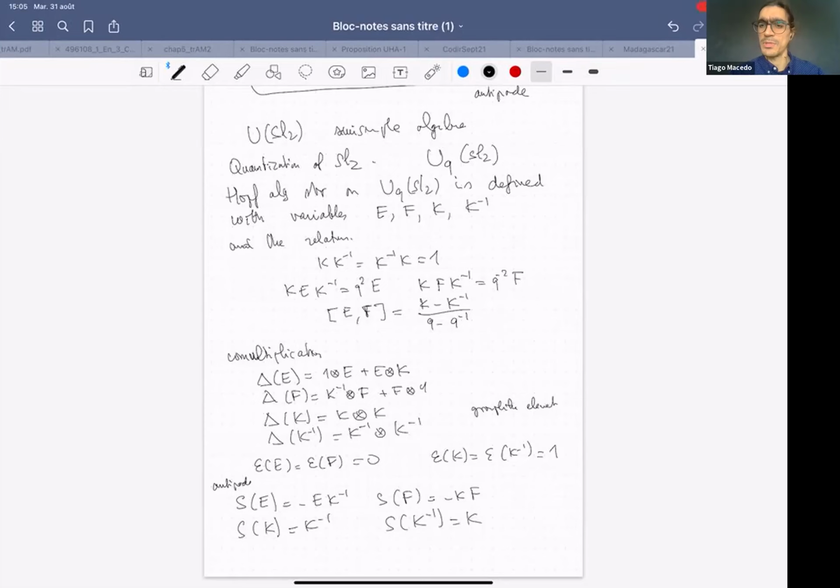There's one question in the comments: if you could provide any reference for further consultation. I can provide some notes. In fact, I'm finishing a book about deformation.